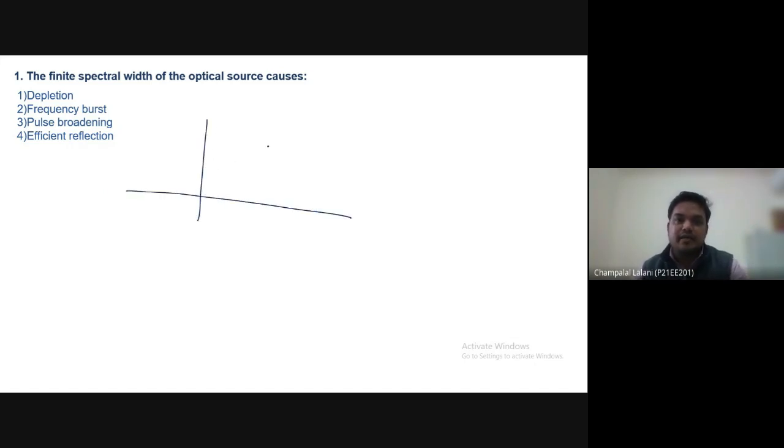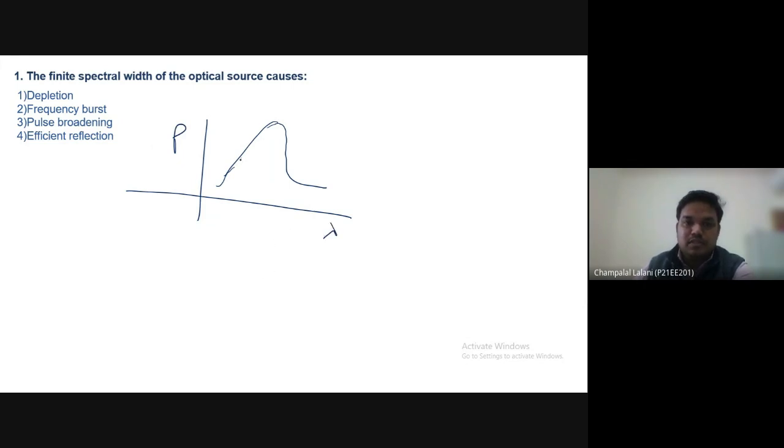Yeah, correct. Anyone else? See, the spectral width of the optical sources. Whatever be your optical source, either it be an LED or a laser, there will be some amount of spectral width. Let's say this is power, this is lambda.